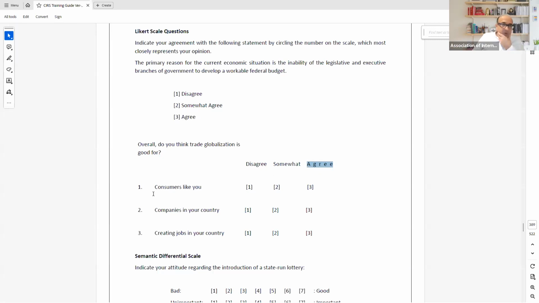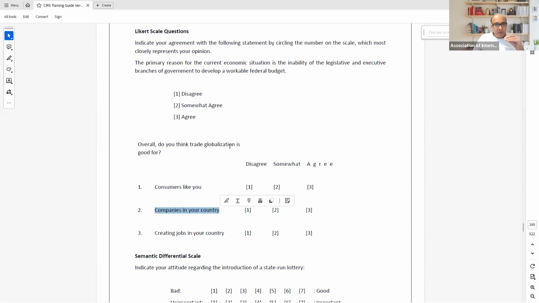And then you're going to make it even more subjective by nudging the user to answer it slightly more conveniently, by adding to that question: is good for consumers like you, agree, disagree, somewhat agree.